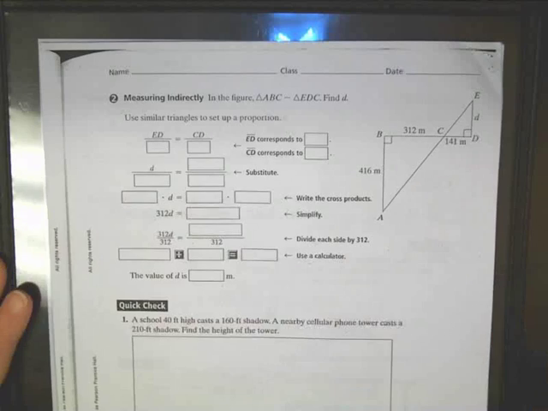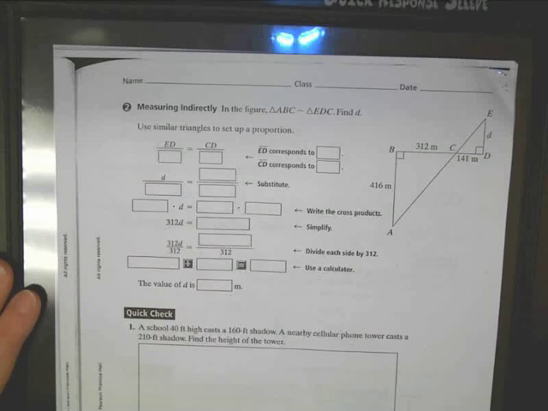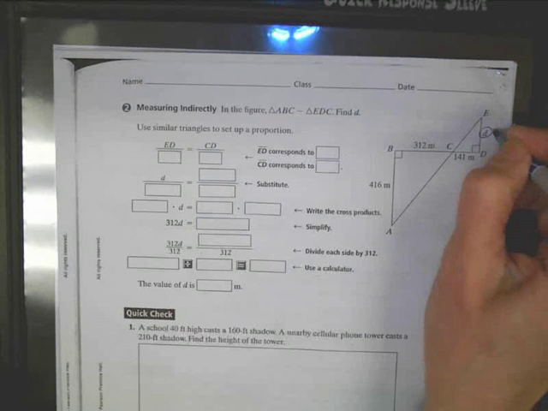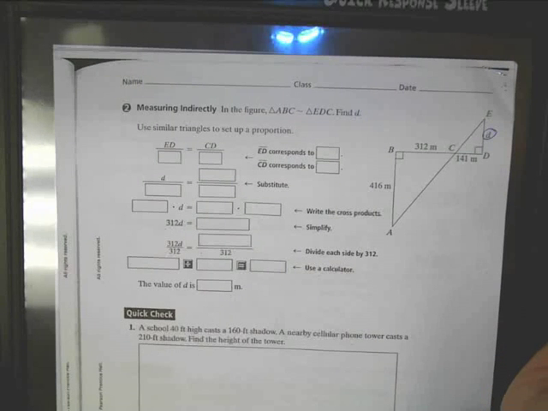All right, let us move on to example number 2. Here we have two figures. In the figure, triangle ABC is similar to triangle EDC. Find the length of D. So D is right up here.